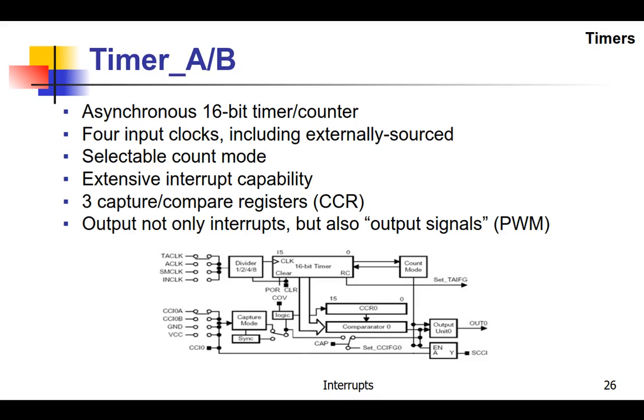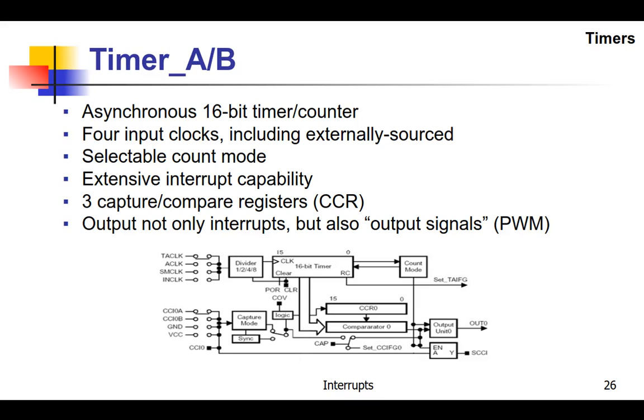You can select what's known as the count mode. We'll talk about that. That's whether it counts up to a certain number, or it counts all the way up, or whether it continually counts forever and just wraps around when it needs to, or whether it counts up and then reverses the count back down. 1, 2, 3, 4, 5, 4, 3, 2, 1 kind of thing.